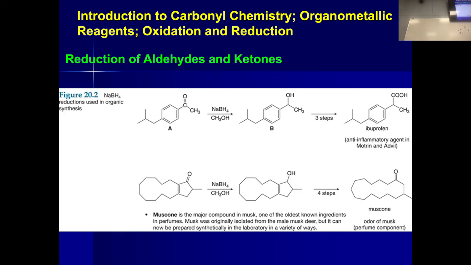I'm going to reduce this carbon-oxygen double bond by putting 2 hydrogens across it, right? Let me make this a big H, which comes from the sodium borohydride. What kind of alcohol is that? Primary. That's primary, yeah.